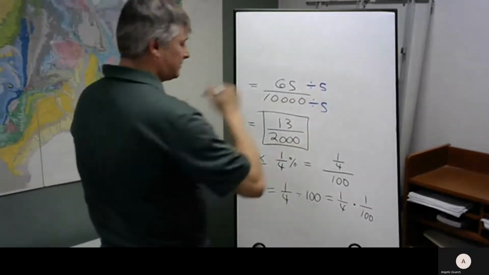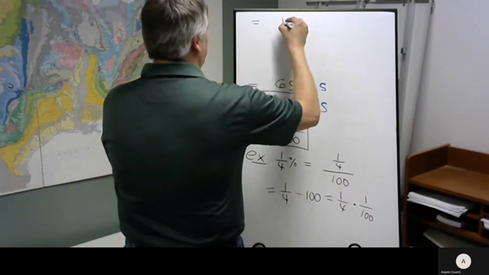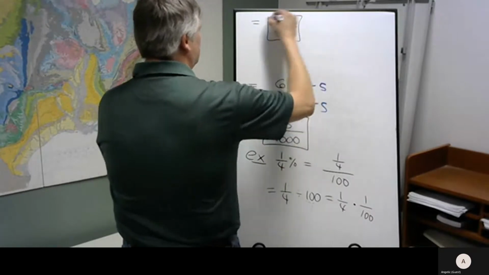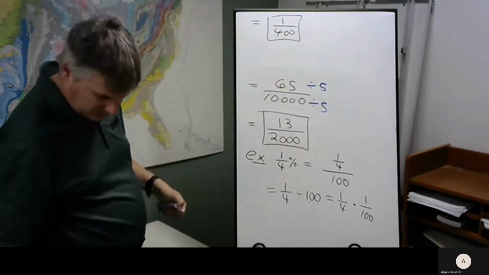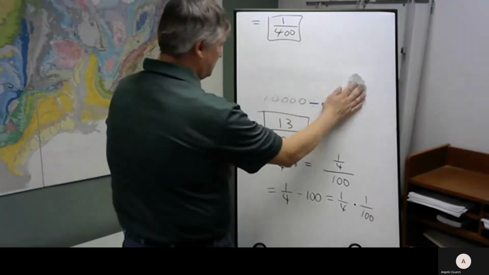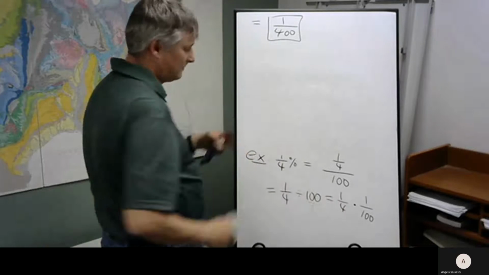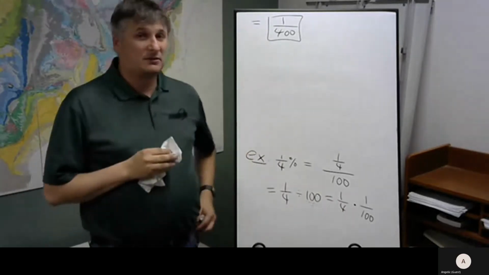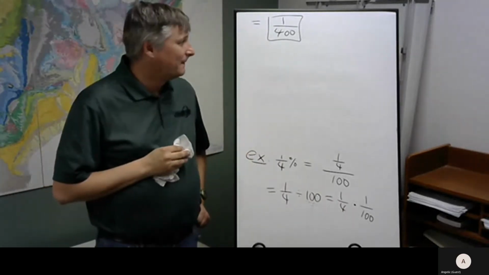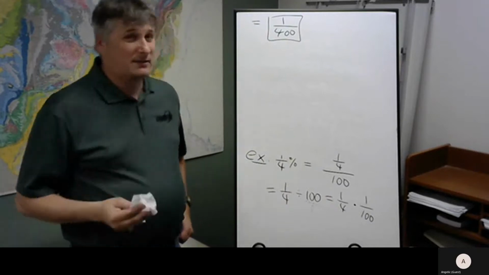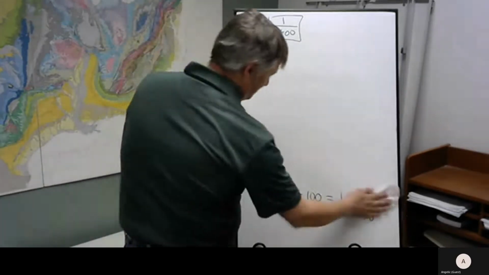So multiplying across, we get 1 over 400. Questions about that? Now you might get something like this.